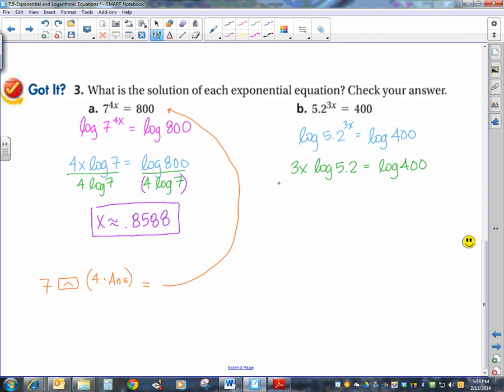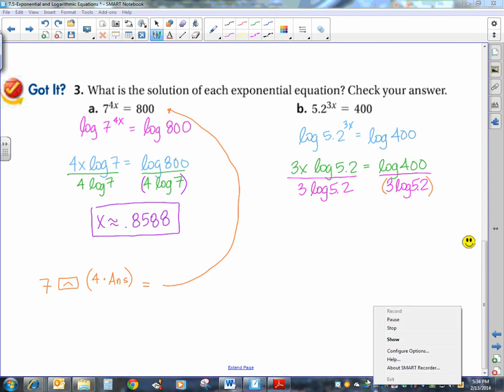And hopefully you can tell me that I'm going to divide both sides by 3 log 5.2. And when you put that in your calculator, if you have a certain kind, make sure you put parentheses there. And your answer is going to be, pause before I calculate.